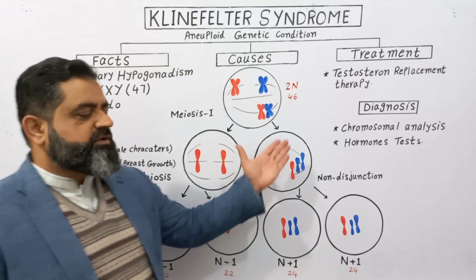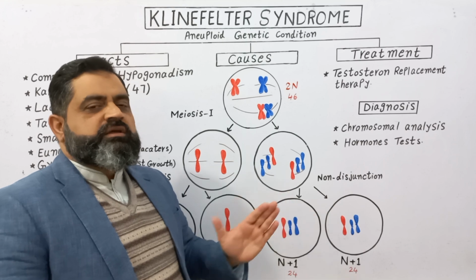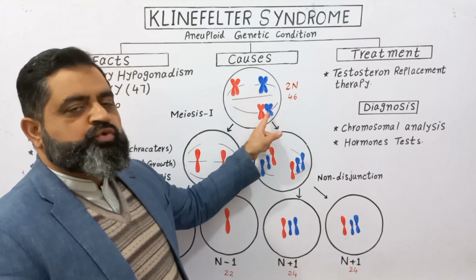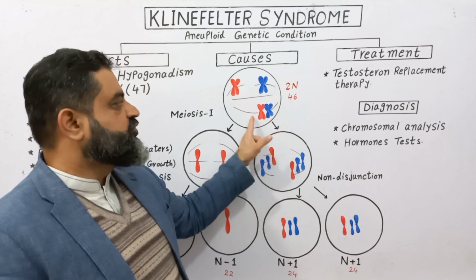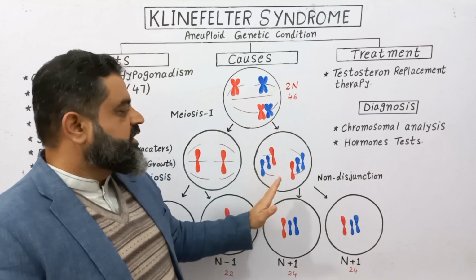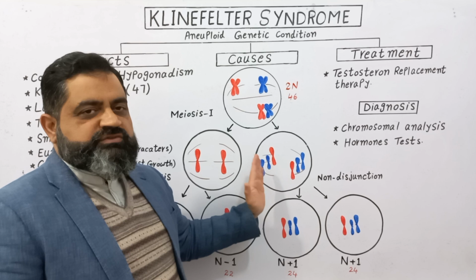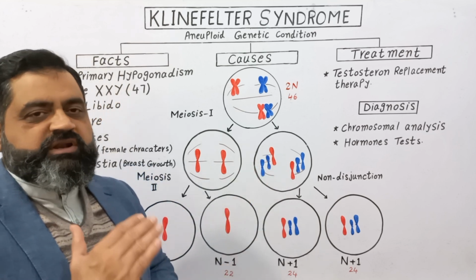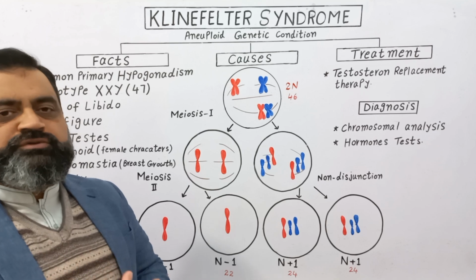In the same way, if you look at this cell, there are these blue chromosomes, 1 and 2, and one red chromosome. The chromatids of these 3 chromosomes get separated from each other during anaphase 2 of meiosis 2.